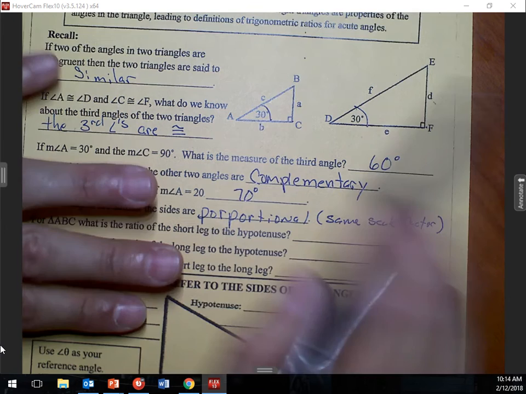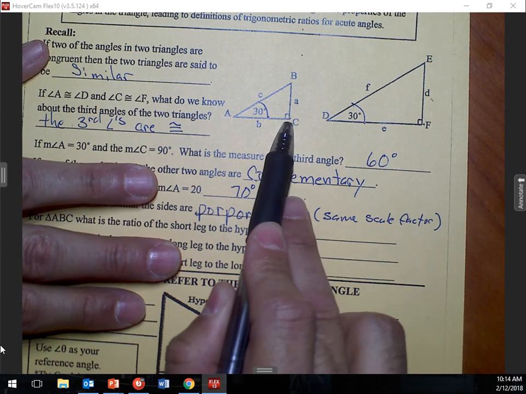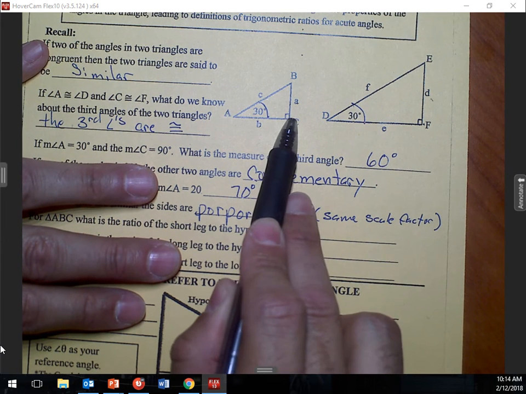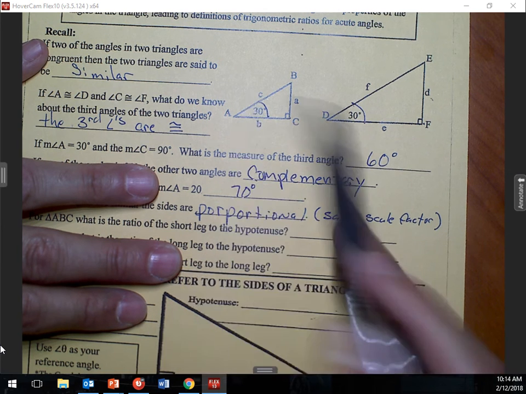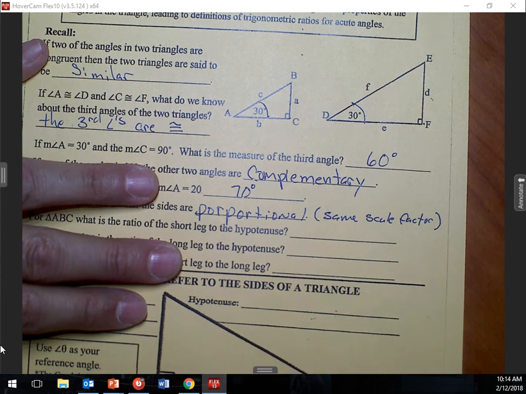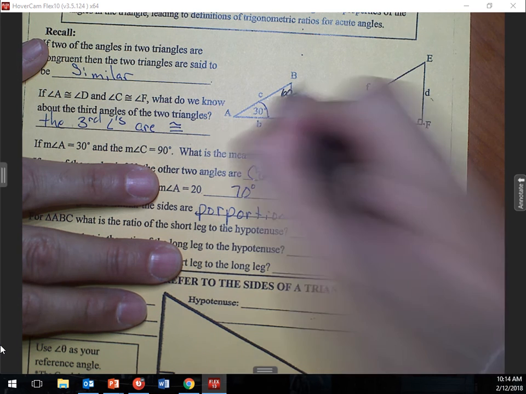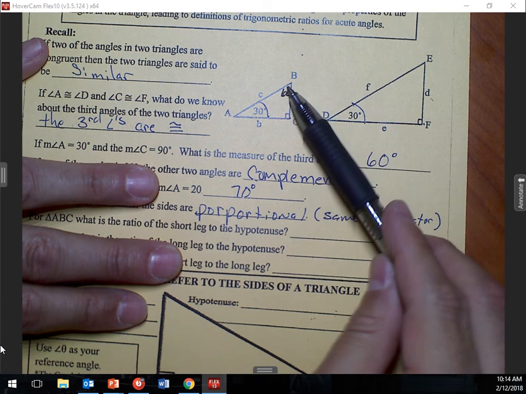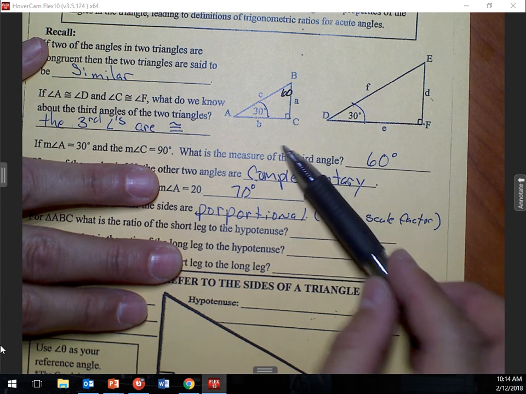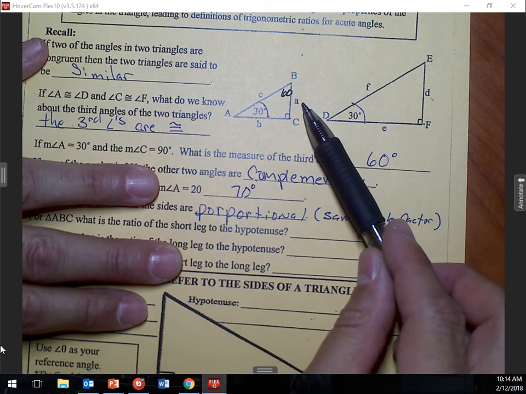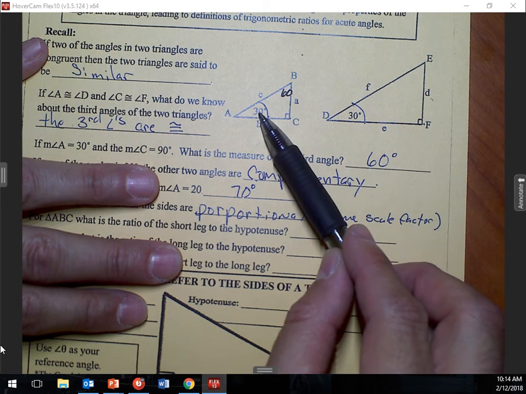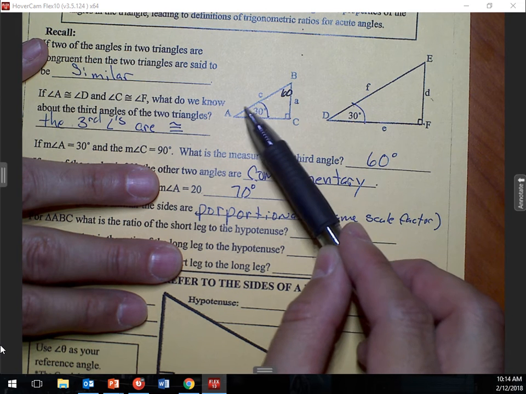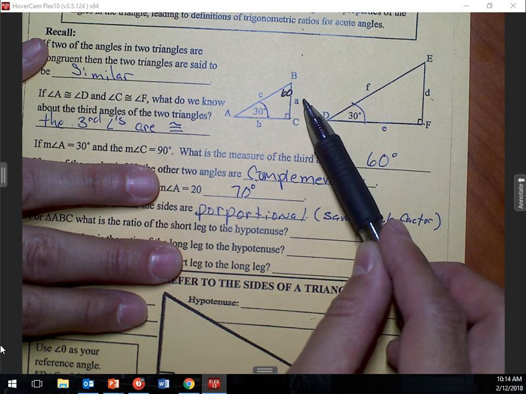This is 90, so the longest side is going to be little c. Angle B was 60, so the smallest side would be little a, because it's the smallest angle. The smallest angle is across from the smallest side.